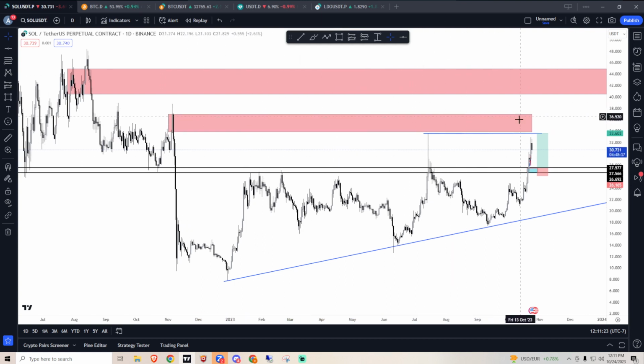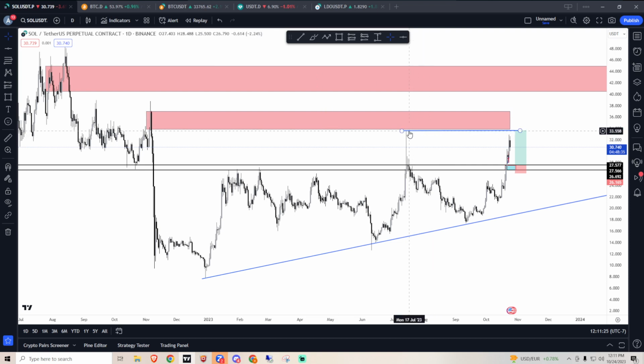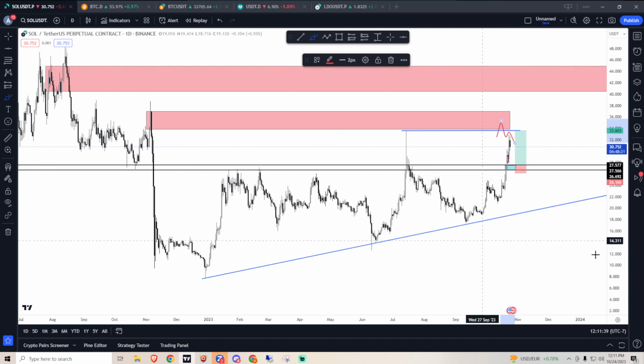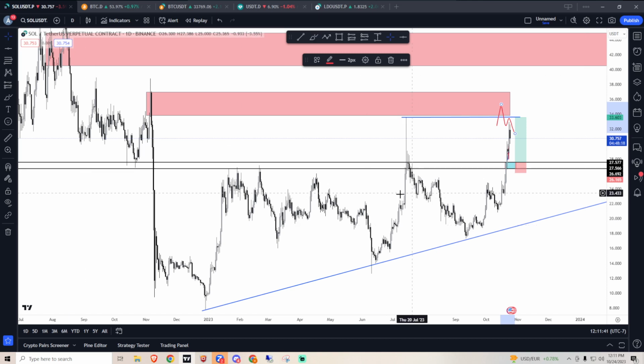Okay, so not only do I have the highs here for a sweep, but if we are able to sweep into these highs into that order block, take some liquidity and close below, yes, we could get some type of short. We also do have this ascending triangle type of thing.